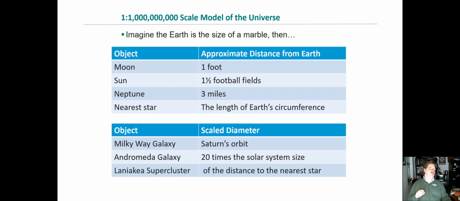There's also a YouTube video, and I'll link it in the description of this, called, I think, the scale model of the solar system. It's folks, college students I think, who go out to the Nevada desert and actually create a scale model where I think it's roughly 1 to 1 billion. The Earth is literally the size of a marble, and they drive out 3 miles and place Neptune, and just the scale of it is amazing.